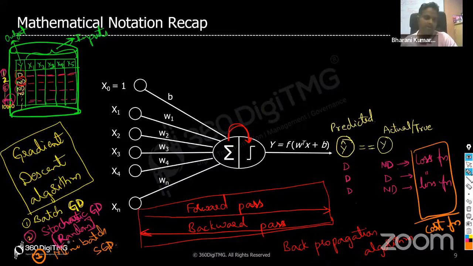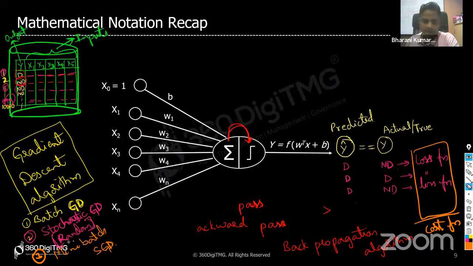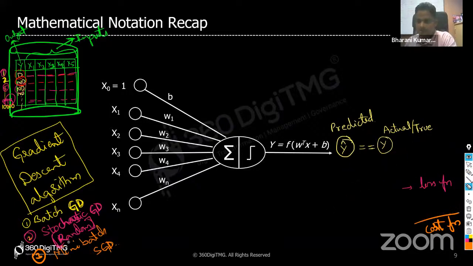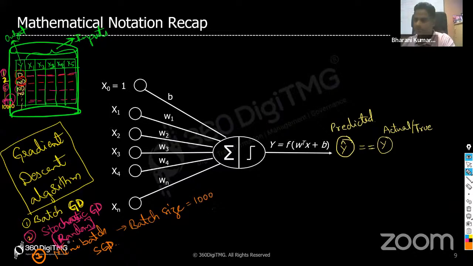In mini batch SGD, you need to decide on what would be your batch size. Say you define that the batch size should be 1,000 as an example.